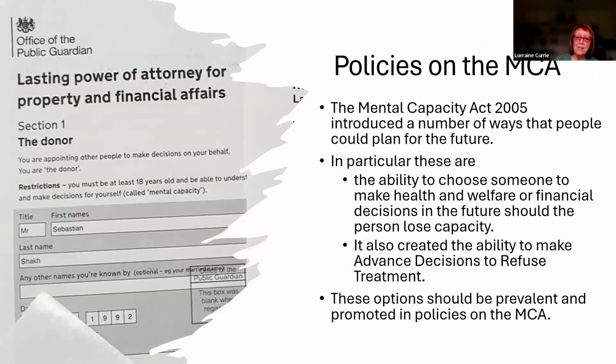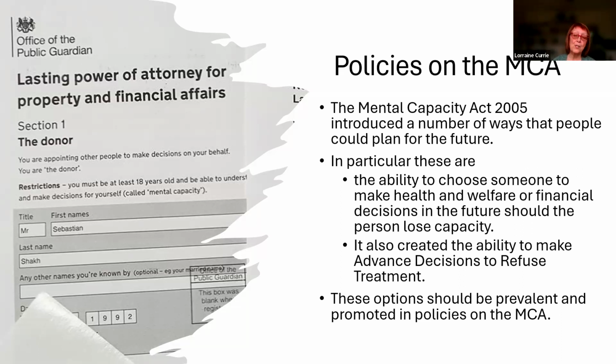Okay, your policies on the MCA also need to make reference to the ways that people can plan for the future. And we've already done a session on this, I think, unless I'm losing the plot on what we've done. So we've talked about becoming an LPA or becoming a deputy for finance and for health and welfare. These are the ways that people can plan for the future.